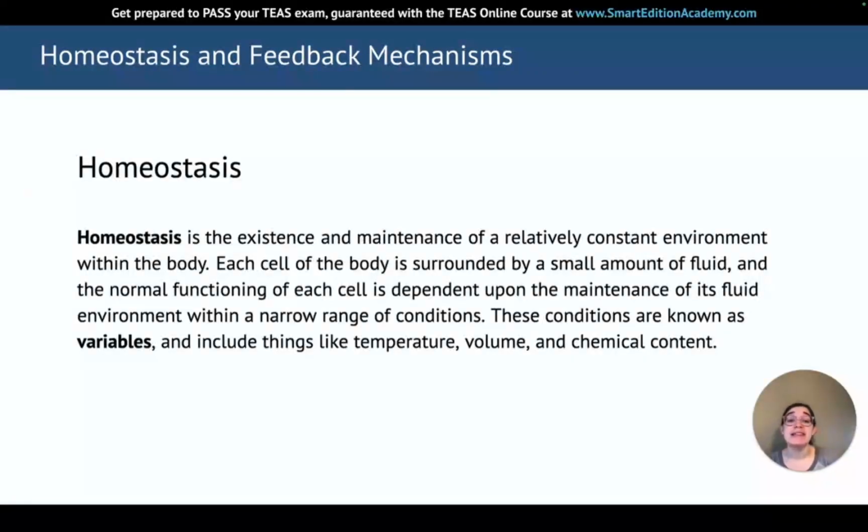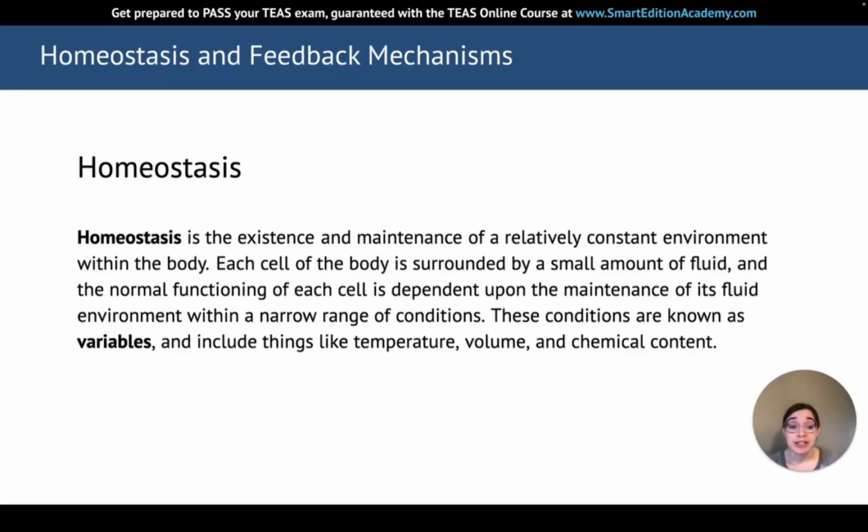Homeostasis is the existence and maintenance of a relatively constant internal environment within the body. Each of our body's cells is surrounded by a small amount of fluid, and the normal functioning of those cells is dependent on the maintenance of its fluid environment within a narrow, normal range of conditions.